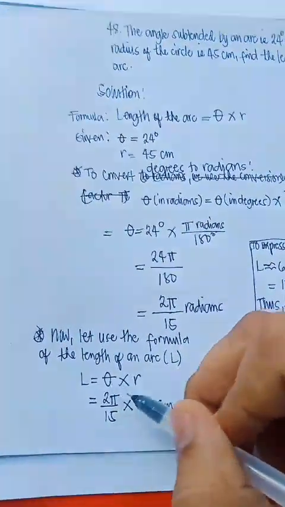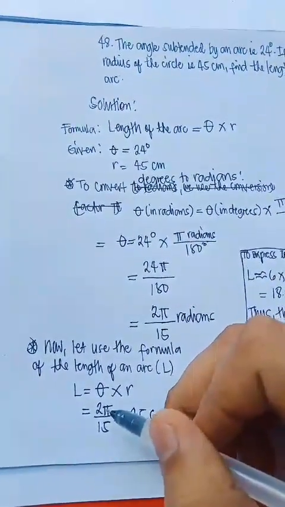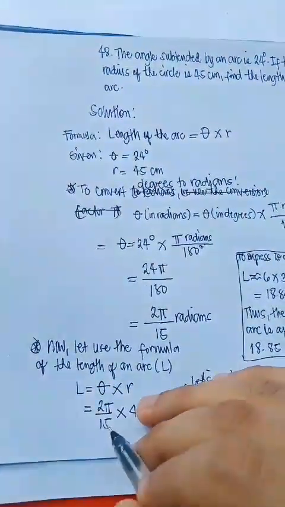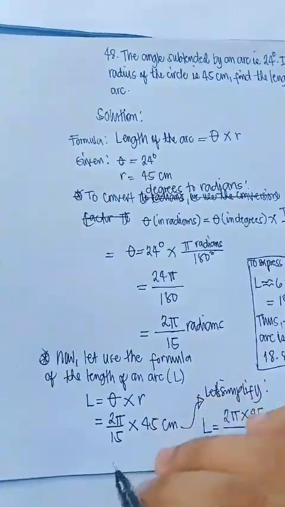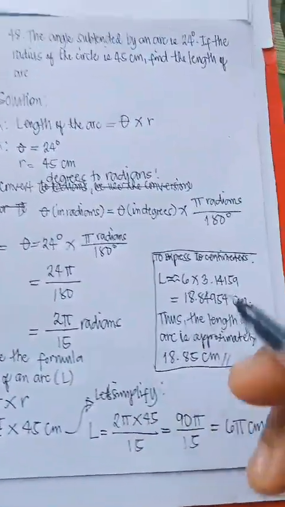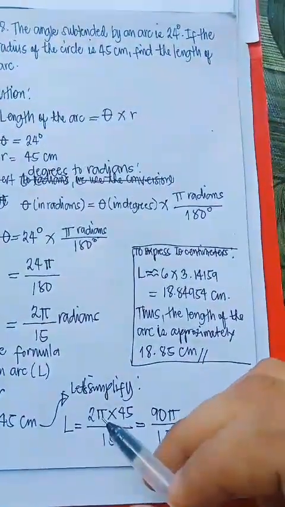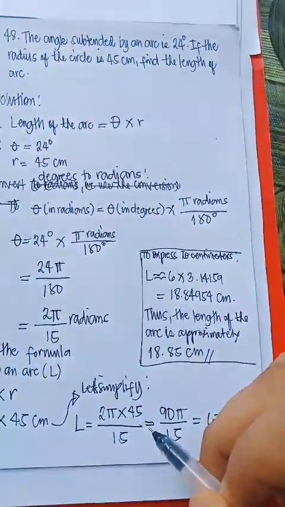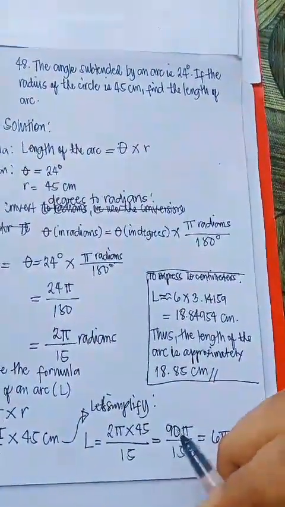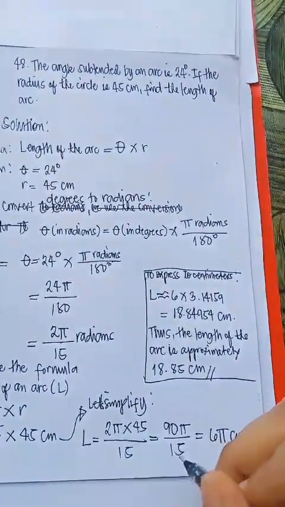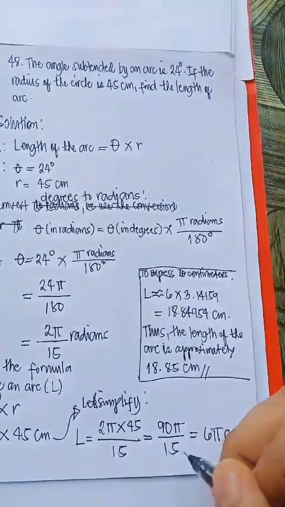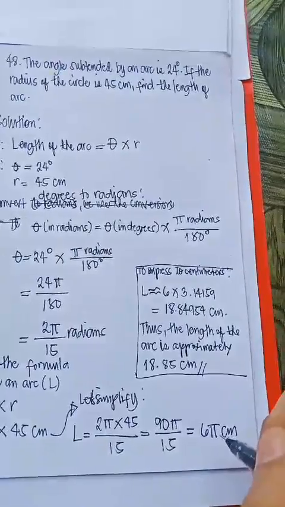So the value of our theta is 2 pi over 15 and our radius is 45 centimeters. So let's simplify. This would give us L equals 2 pi times 45 over 15, which is 2 times 45 is 90 pi over 15. If we divide 90 by 15, this will give us 6 pi centimeters.